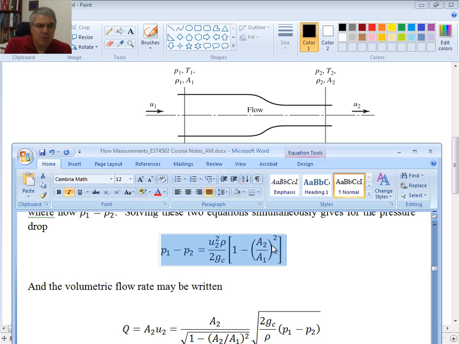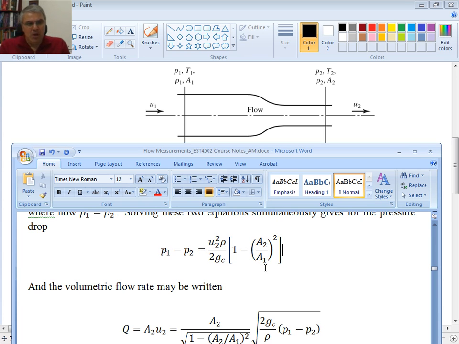The physical meaning of this equation is that we take the ratio of the cross-sectional areas. A2 is the downstream area, and we divide it by A1, the cross-sectional area upstream. What is the ratio of the area of the pipe downstream over the area of the pipe upstream?